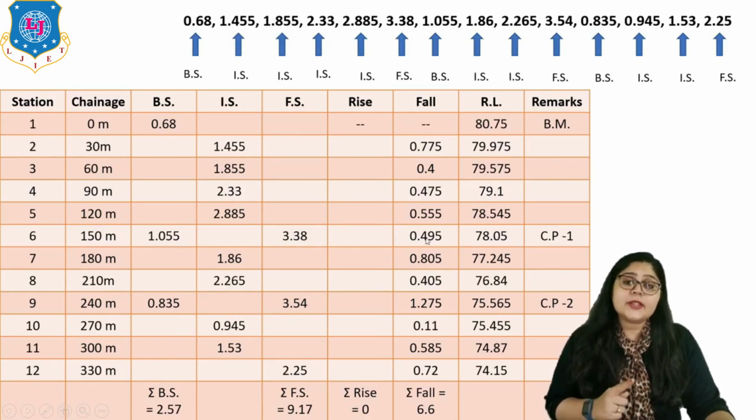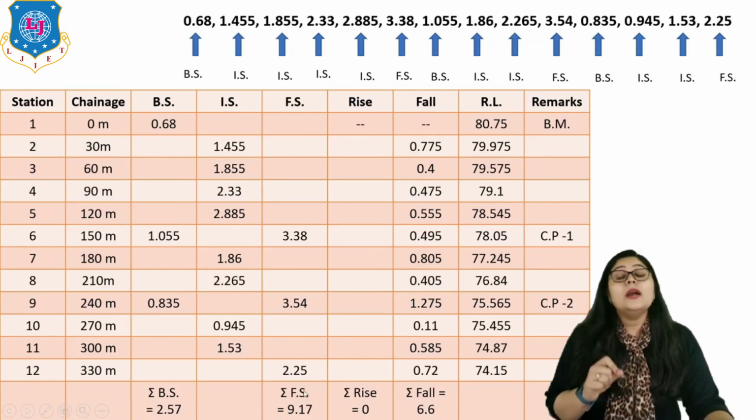Now whenever the FS comes, the change point comes, I have to stop here and start from the BS. So BS minus IS, IS minus IS, IS minus FS.